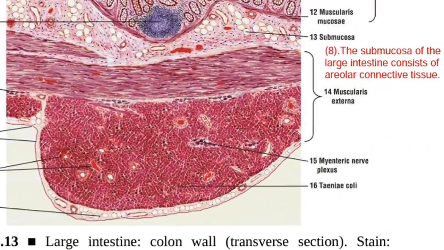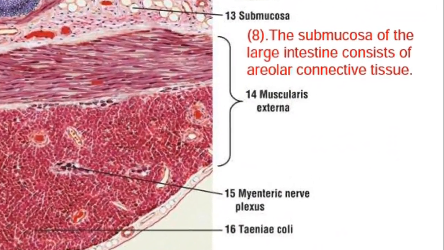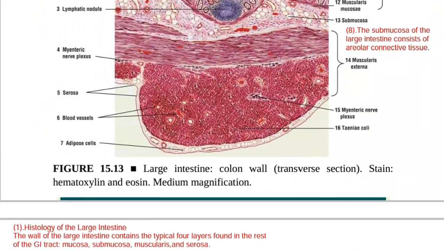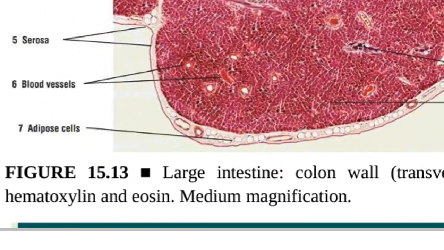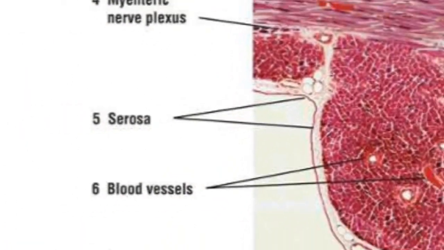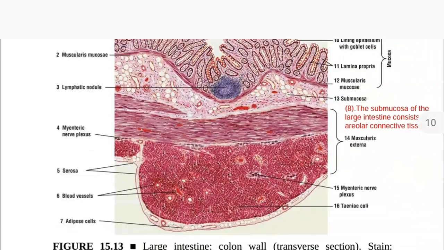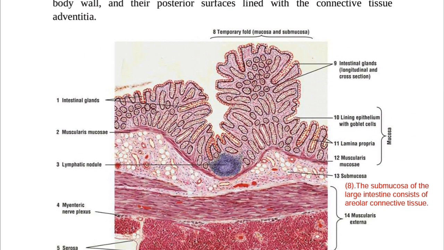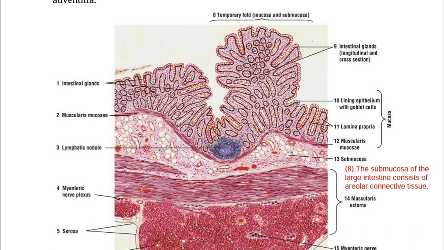Then this one is the muscularis externa, and the outermost layer is the serosa. A very useful and informative slide.